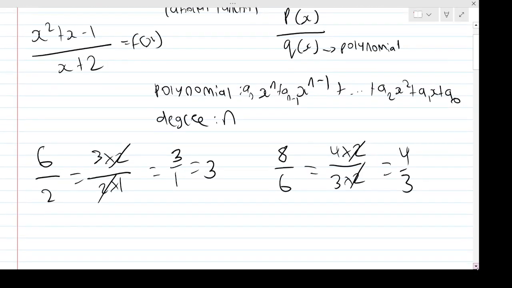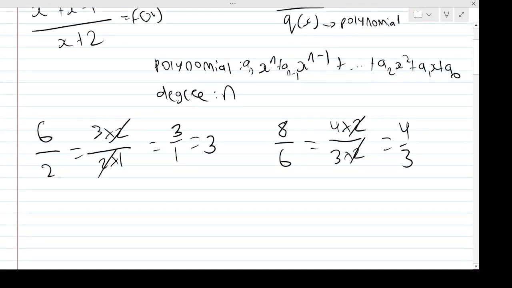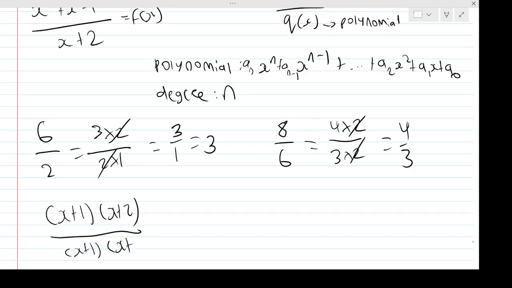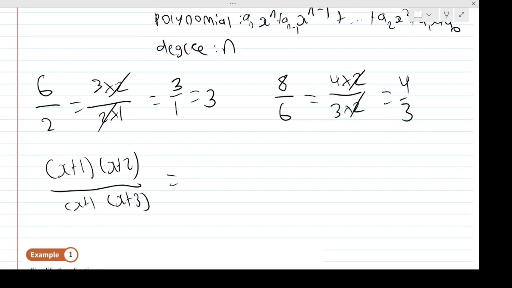Why am I bringing this up then? It's because we can do the same with algebraic fractions. So if I have (x plus 1)(x plus 2) over (x plus 1)(x plus 3), as the brackets essentially together mean the times together, we can write this a bit more clearly as x plus 1 times x plus 2 over x plus 1 times x plus 3.